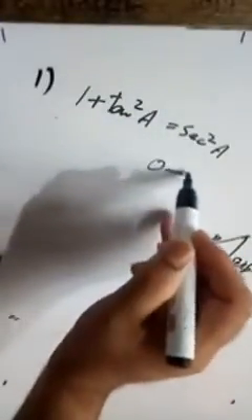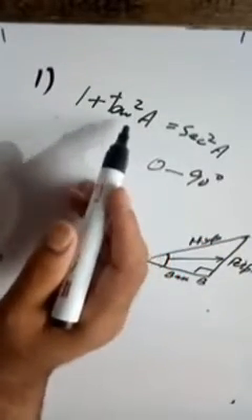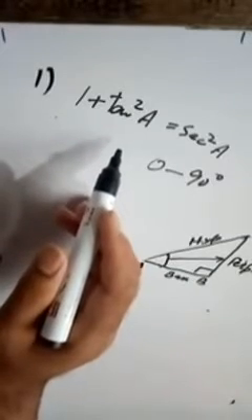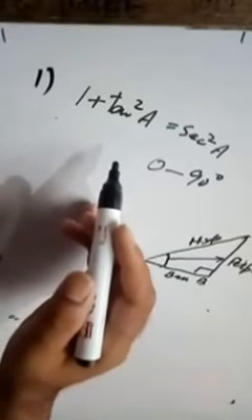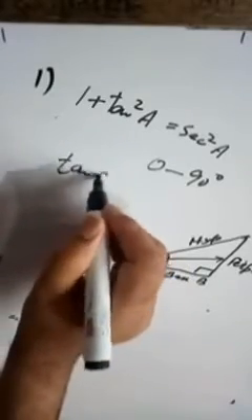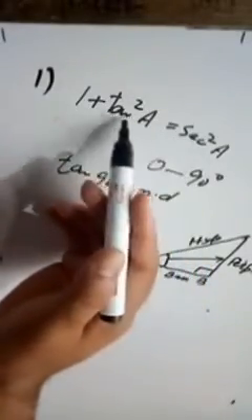If I select angle A, I have told you that we have to select the angle from 0 to 90 degrees. Now here, if we take a 90 degree angle, then this will become tan 90 degrees, and tan 90 degrees is not defined. So if I select the angle A as 90 degrees, then this can't be defined. That means in this identity we have to select the domain.